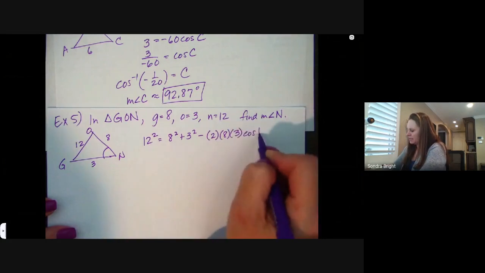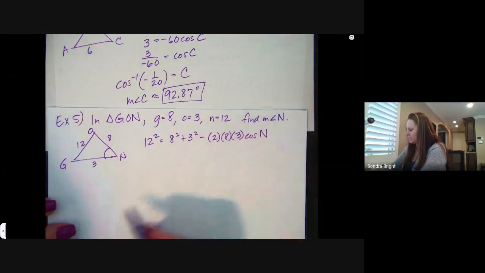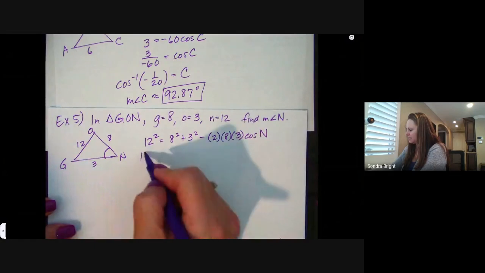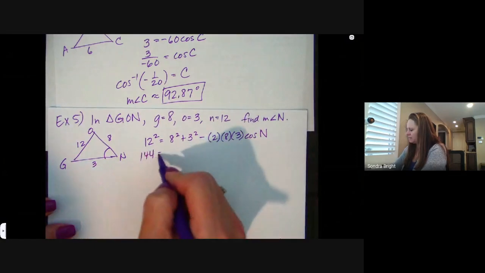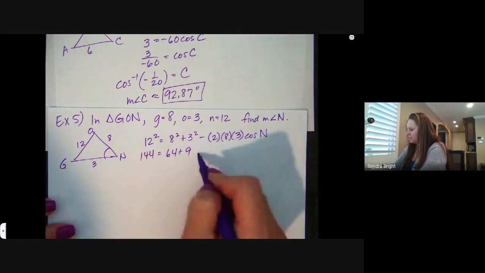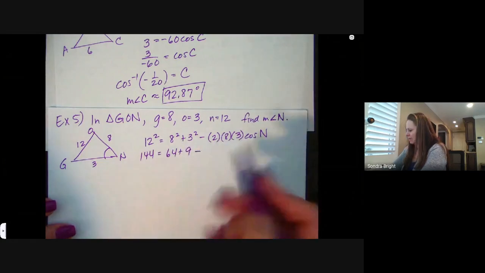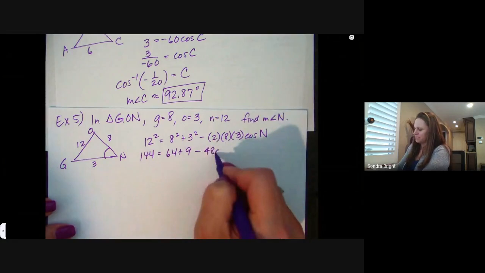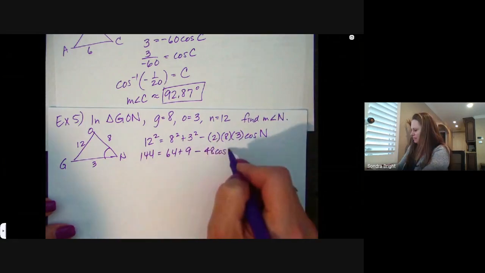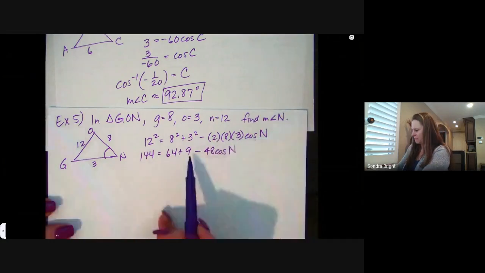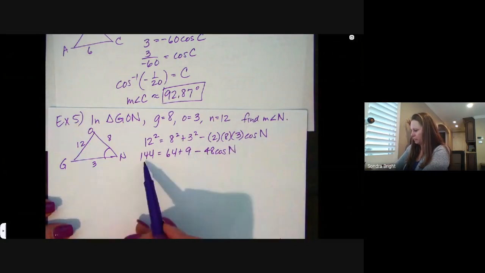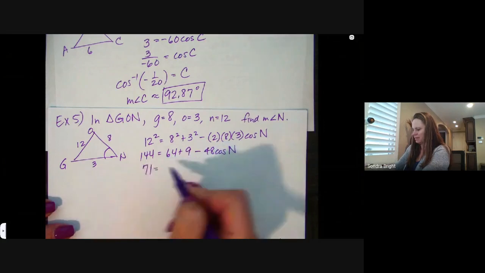All right, so what is that? 144 is equal to 64 plus 9 minus, is that 48 times cosine of n? 64 and 9 would be 73. So I'm going to subtract 73 from 144 and get 71 is equal to negative 48 times the cosine of n.